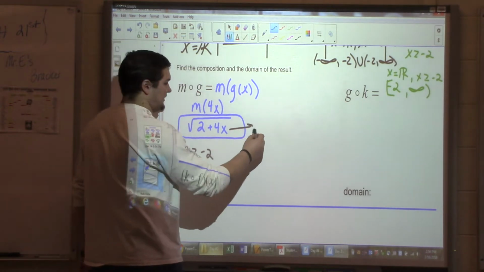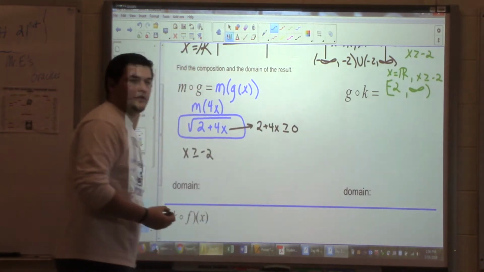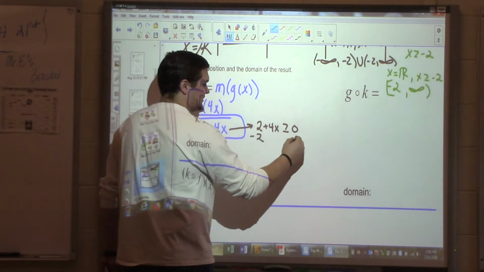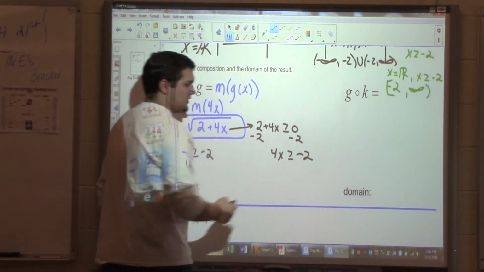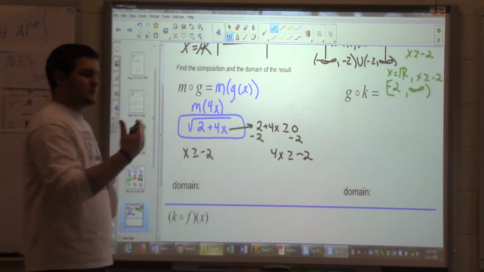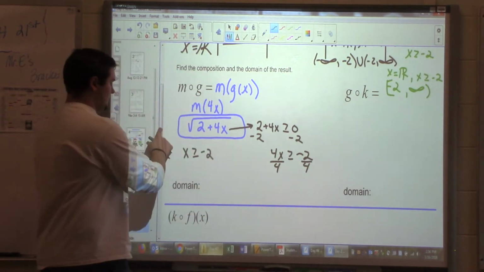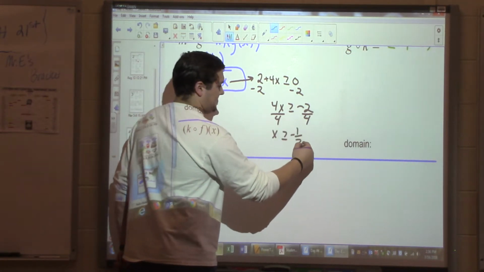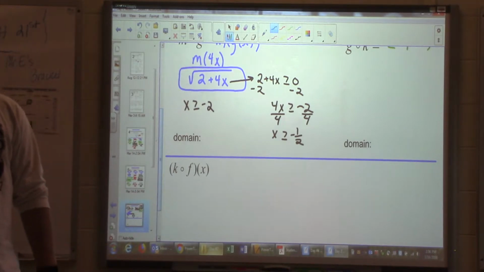So I need to take what's underneath it, 2 plus 4x, set it greater than or equal to 0 and solve for x. So subtract 2. 4x greater than or equal to negative 2. Divide by 4. We get x is greater than or equal to negative 1/2.